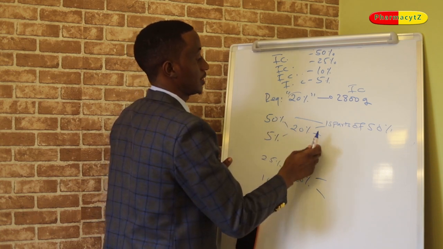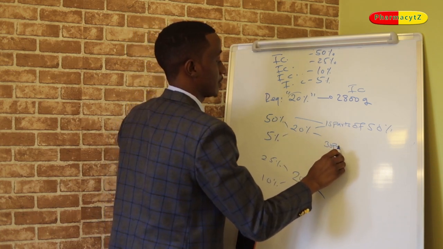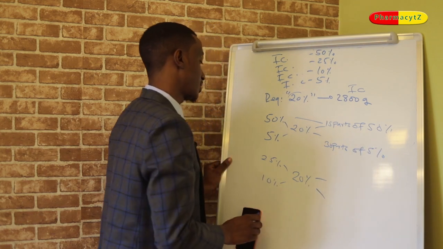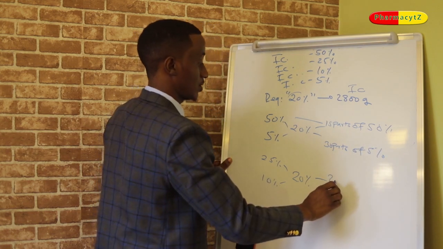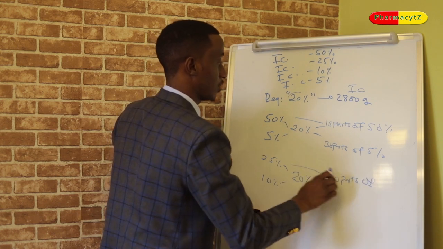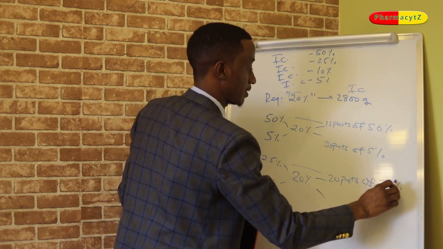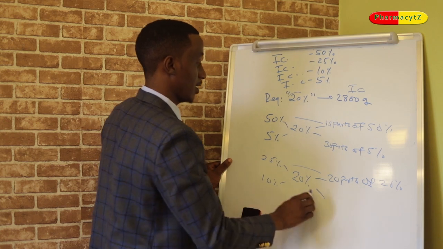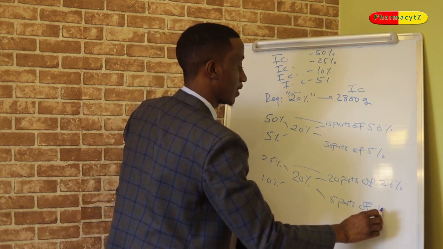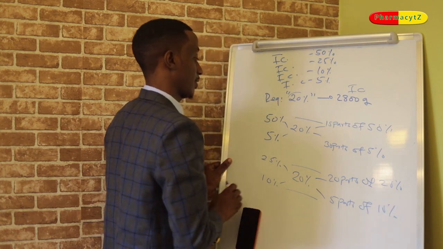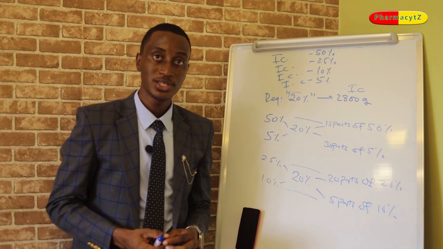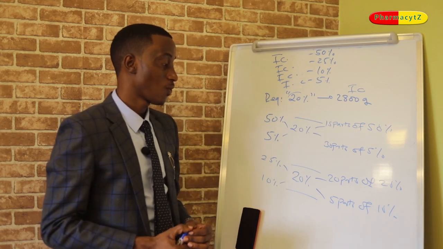And that is 30 parts of a 5% ecthermal ointment. Then this is 20 parts of a 25% ecthermal ointment. And this is 5 parts of a 10% ecthermal ointment.